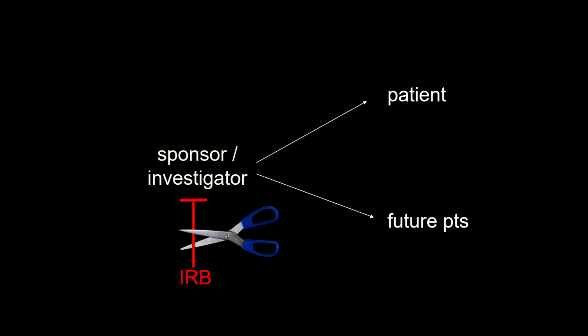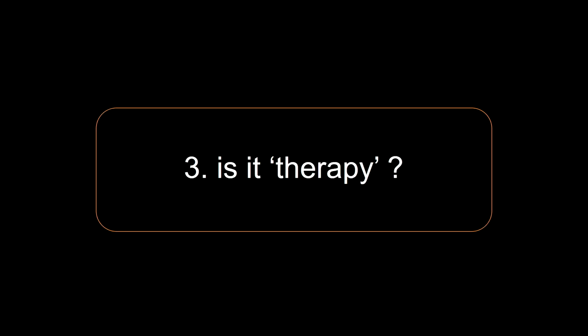I've argued elsewhere about how we ought to fix this problem, but I do see this as a constant challenge in early phase research, including in gene transfer. Another recurrent challenge in the context of early phase research is the question of whether or not we consider exposure to new interventions to be therapeutic.